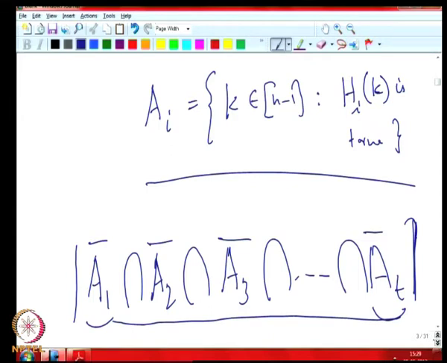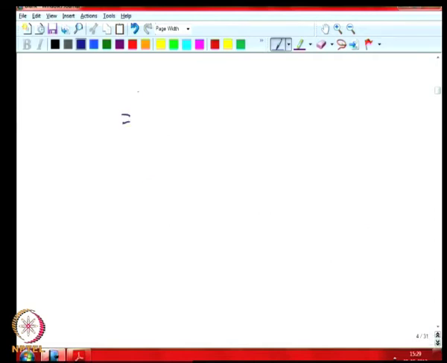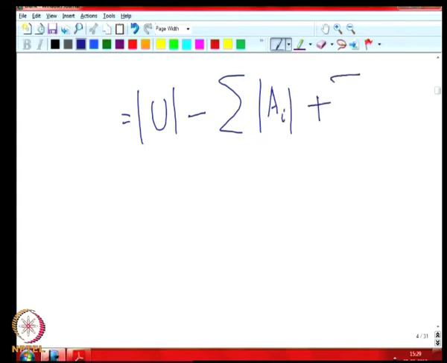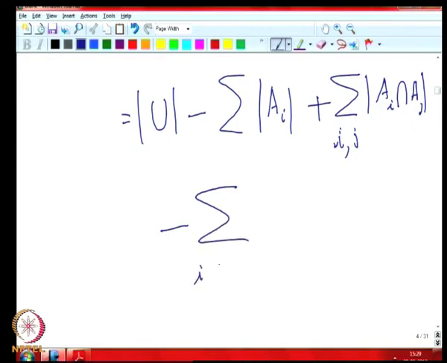And then we can apply the inclusion exclusion principle here. We know how to use it. The value will be the cardinality of U, minus sigma cardinality of Ai, plus sigma for every i and j, Ai intersection Aj, and minus sigma over i, j, k, Ai intersection Aj intersection Ak, and so on.